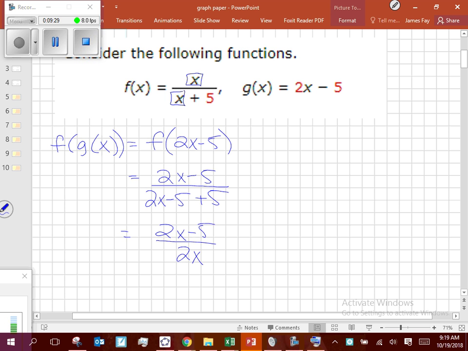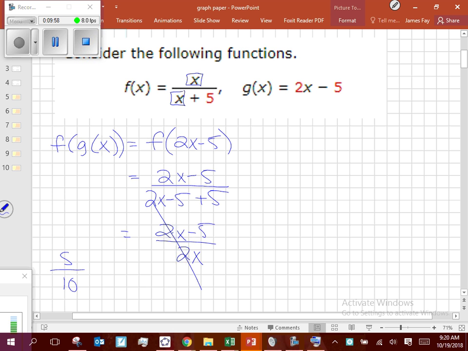Can the 2x's cancel? Can those cancel? If I were to give you x to be, let's say, 5. What does that give me up top? If x is 5, is it 5? What does it give me on the bottom? 10. If those were canceled, what would you be left with? Are you left with 1/2?